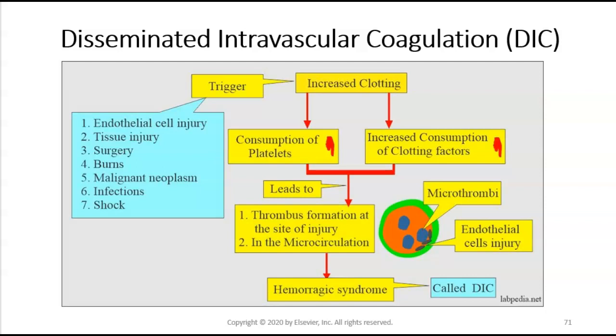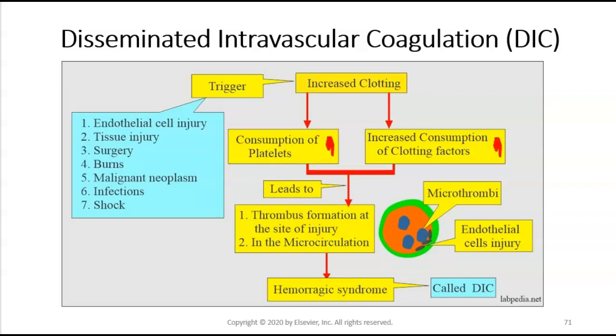Okay, the last section we're going to talk about in this area is DIC, or disseminated intravascular coagulation. So this right here is the patho behind DIC. Basically, something triggers clotting, which causes consumption of the platelets and our clotting factors, which leads to all these little microclots and depletion of our other factors, which causes them to bleed.